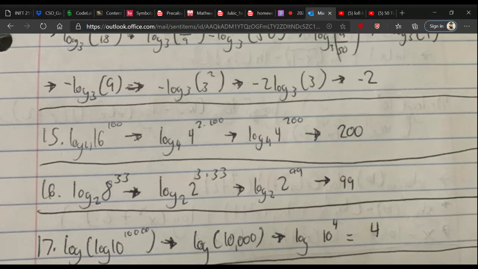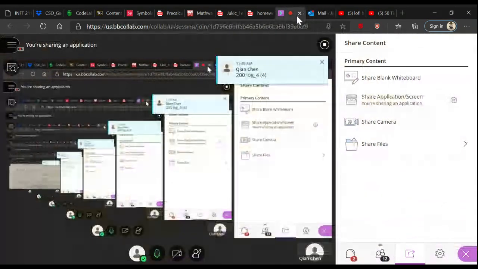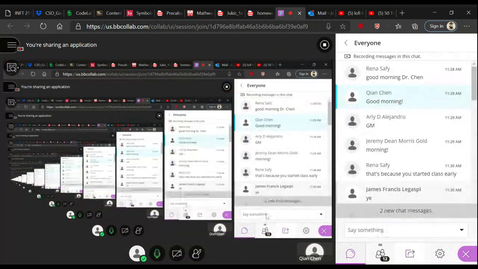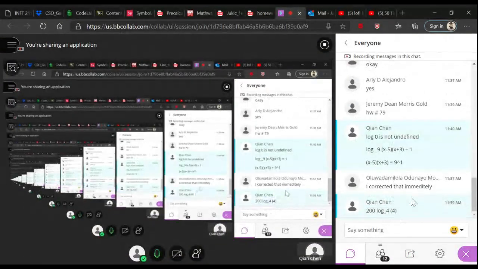If you could write this step, that would be perfect. If you basically have log base 4 of 4 raised to 200, we can move the exponent up front of the log. Yeah, I forgot about that rule. Right, so that's a very important step. Now log base 4 of 4 equals 1. Then the answer is 200.